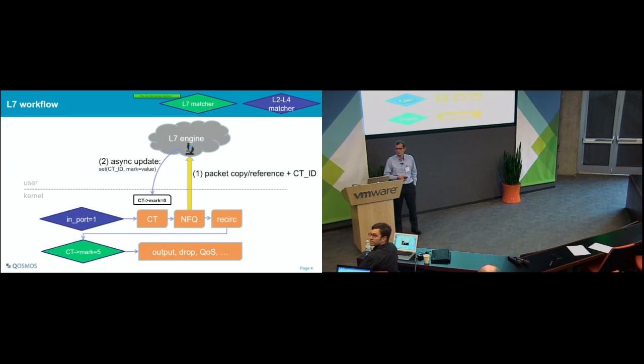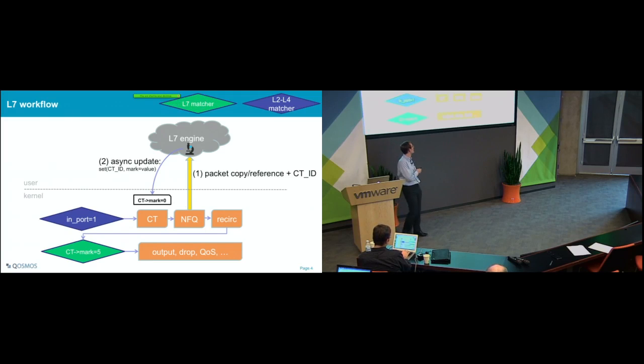Hi, I'm Radhika. Since you said L7 classification is based on the payload, the conn NFQ goes to L7 and comes back. Does it cause any extra delay? Can you talk about some payload and delay factors? Yes, it does, it's extra processing.